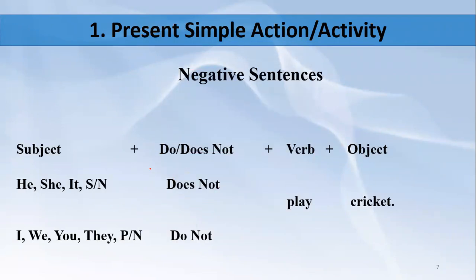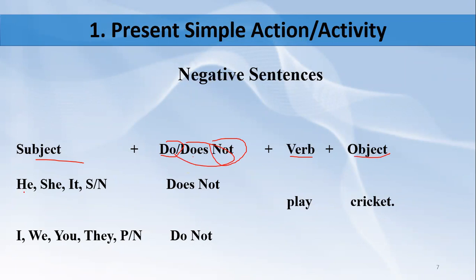Then coming to the negative structures of the present simple tense. Again, subject, then we have to add either do or does, plus not, and then first form of verb and object. Clear?